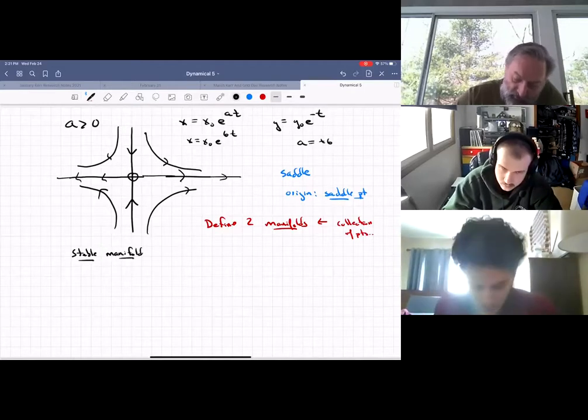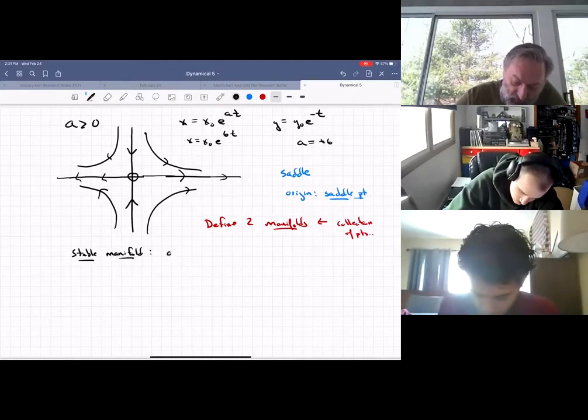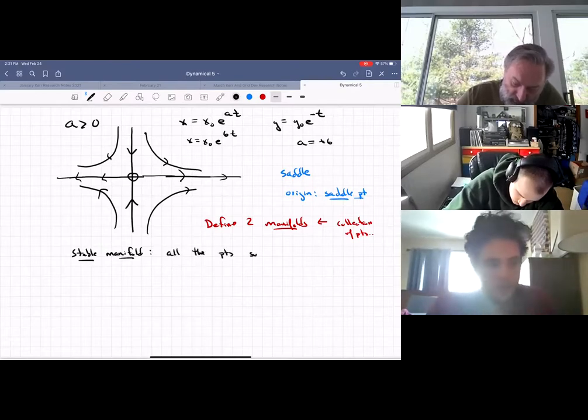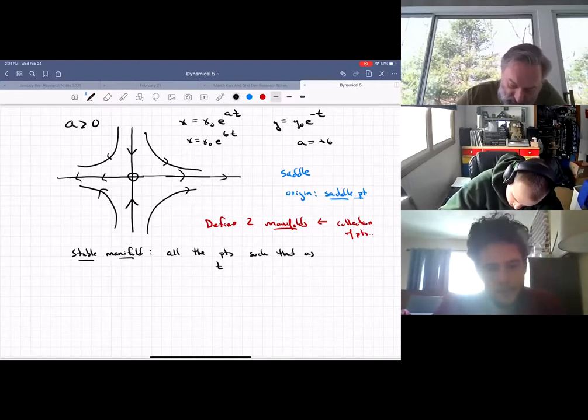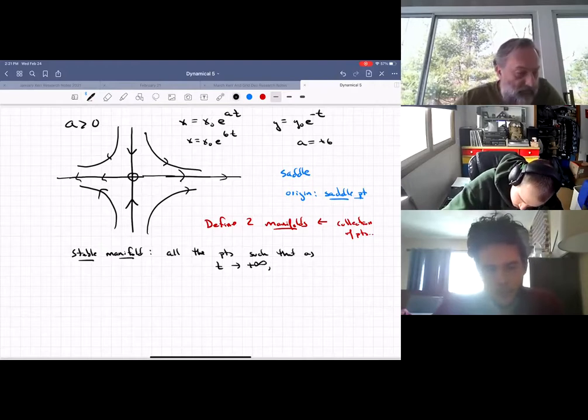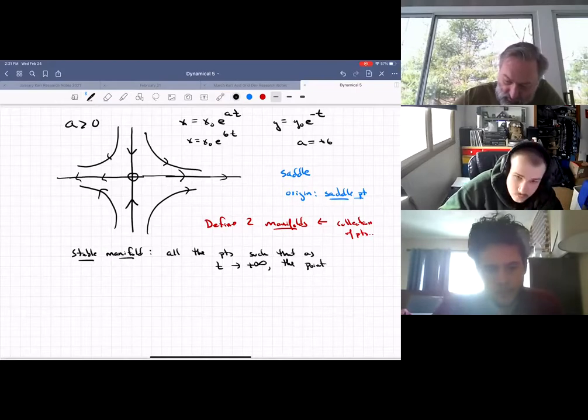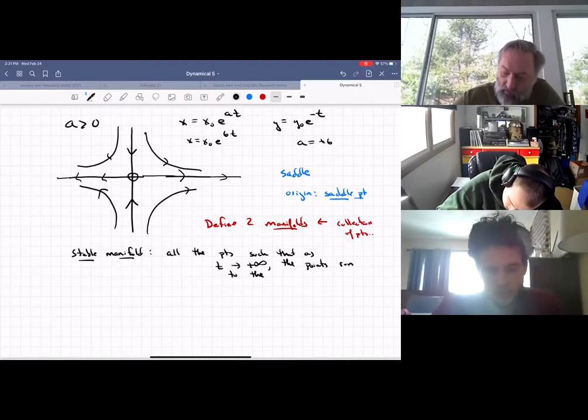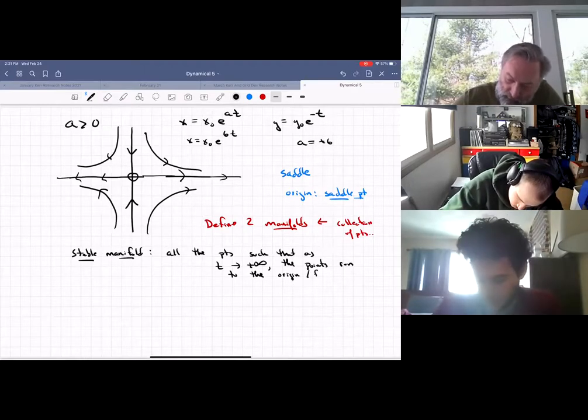The stable manifold is going to consist of all the points such that as t goes to plus infinity, the points run to the origin or the fixed point.